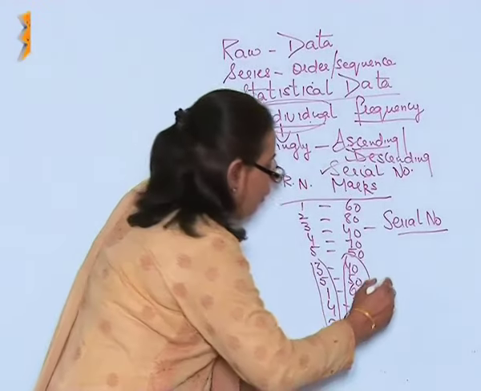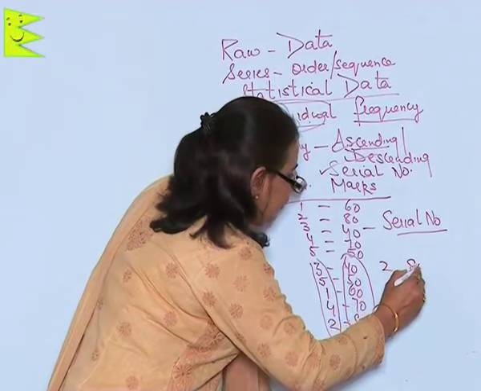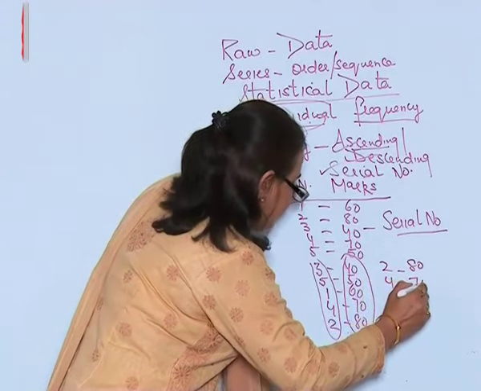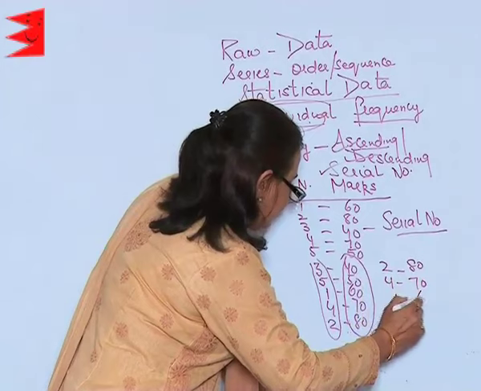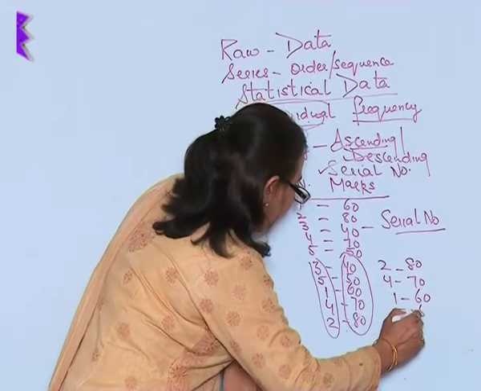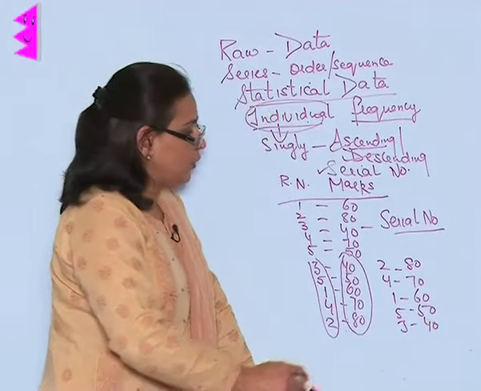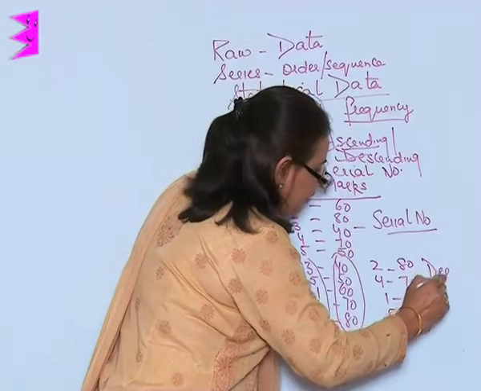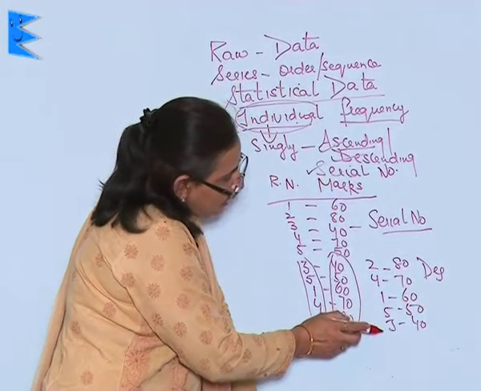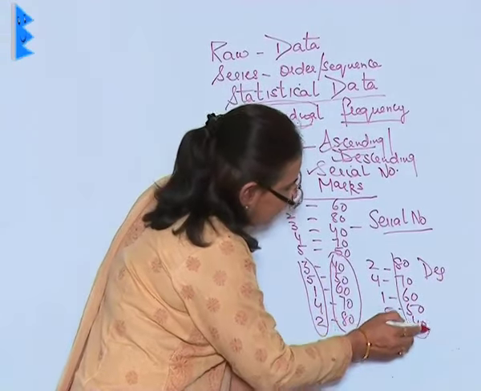It will be roll number 2 gets 80, roll number 4 gets 70, roll number 1 gets 60, roll number 5 gets 50, roll number 3 gets 40. So, this is the descending order. Here again the information is the same, but now it is based on descending order.